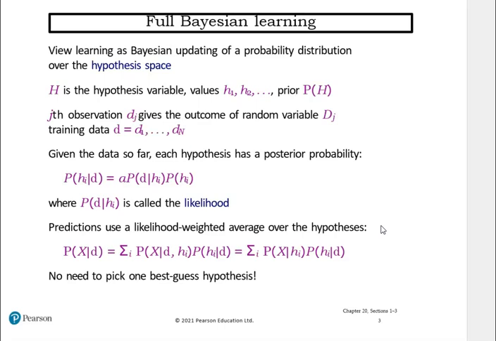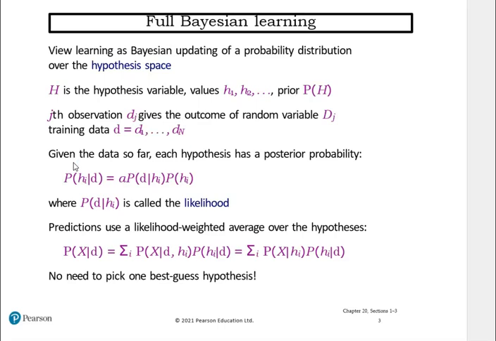And then, like we said, the key quantities in this approach, Bayesian learning, are the hypothesis prior, which in this equation is big P of hi, and the likelihood of the data under each hypothesis, which is big P of the data given the hypothesis hi. So if we apply Bayes' rule, then we are able to get the posterior probability, which is the probability of hi given the data D.